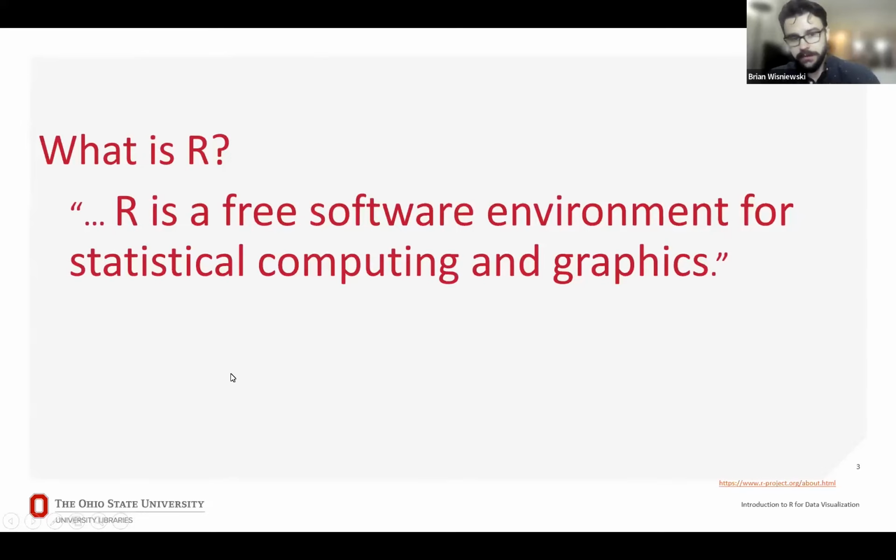So what is R? R is a free software environment for statistical computing and graphics. Effectively, it's a computer programming language that's especially useful for statistics and mathematics. Maybe that's a little bit of a reductionist definition of what a statistical programming language is, but for functional purposes here, that's pretty much the difference.